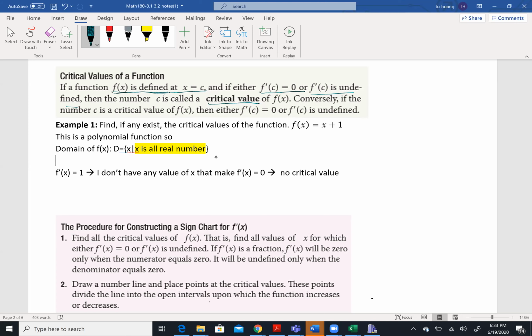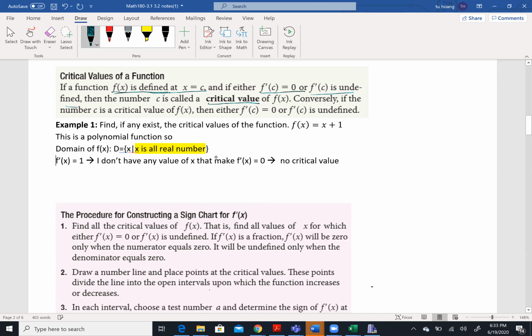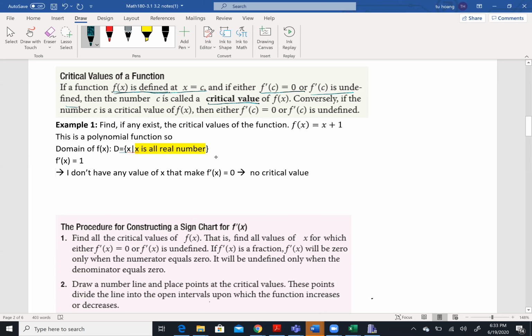Now I'm going to take the derivative. The derivative of x is 1, and the derivative of 1 is 0, so f'(x) equals 1.